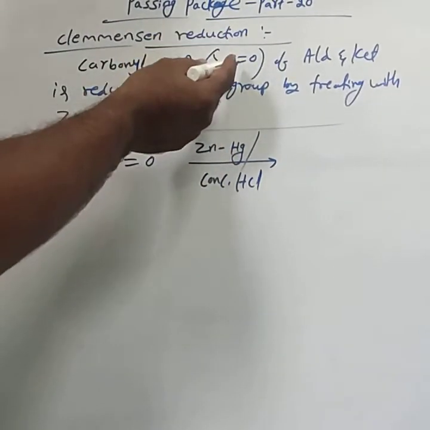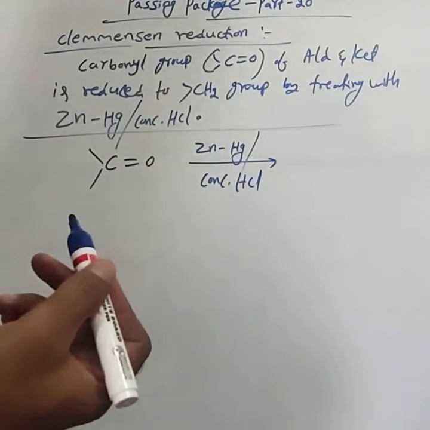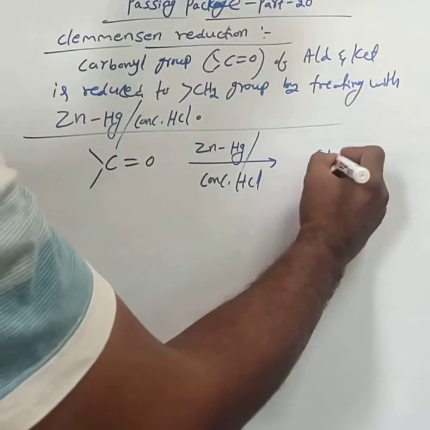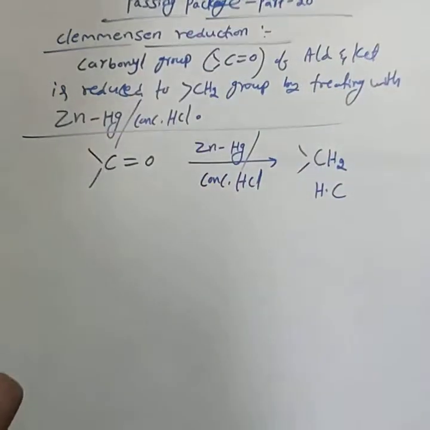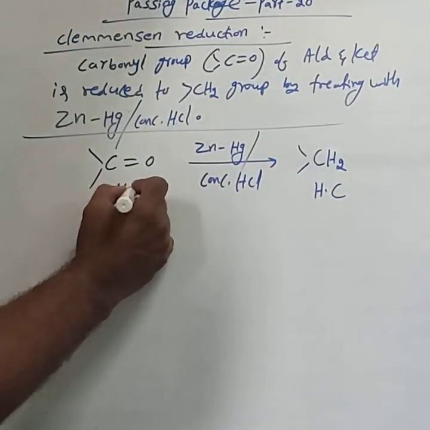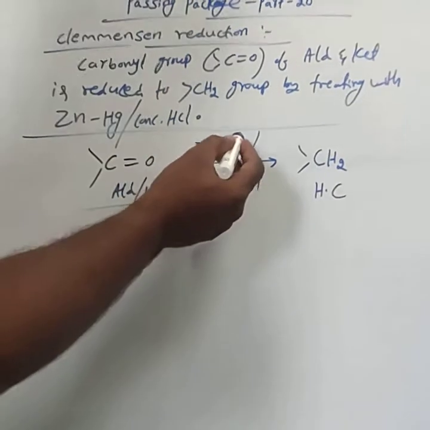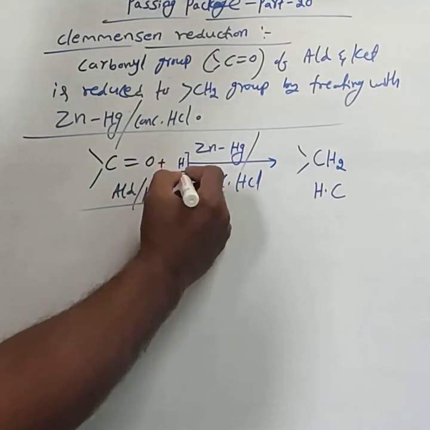Already in the statement we discussed that the CO group is reduced to CH2. Hence the CO part is converted into CH2. This is called a hydrocarbon. This is an aldehyde or ketone on reduction. Reduction means the addition of hydrogen.